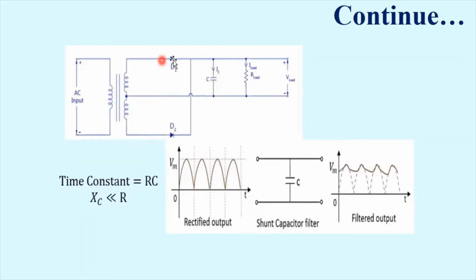Now if we consider that we have positive at the input of diode D1 and negative at the input of diode D2, then diode D1 will be in the conducting state and behave like a short circuit. For diode D2, we have negative at the anode, so D2 will become reverse biased and behave like an open circuit.